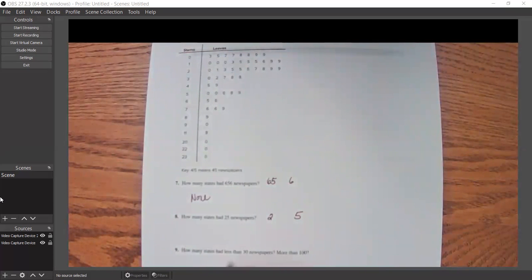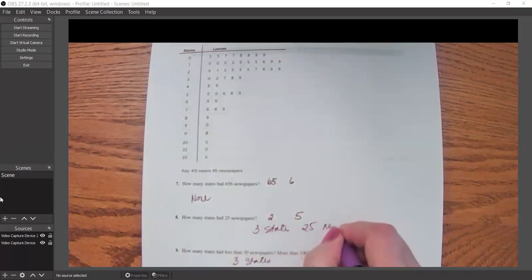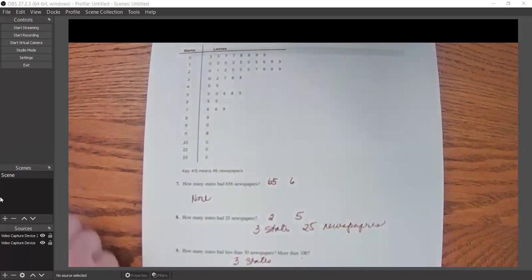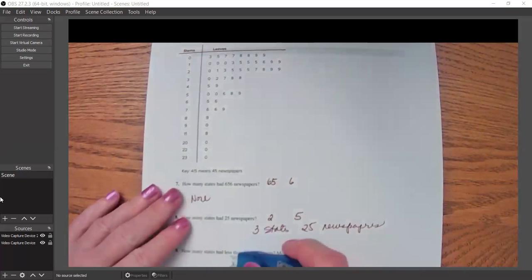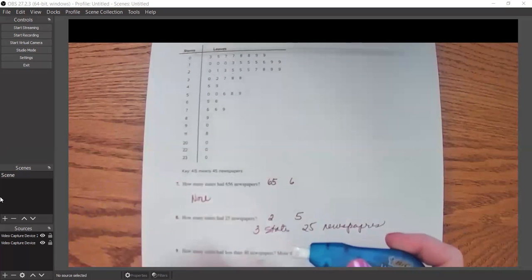So there would actually be 3 states. We don't know which ones, but we know that there are 3 states with 25 newspapers. Sorry, I wrote the answer in the wrong place there.